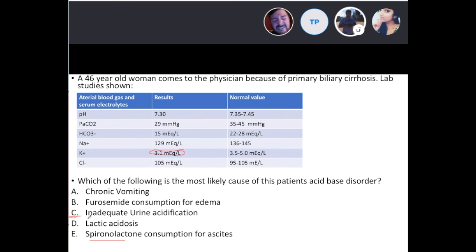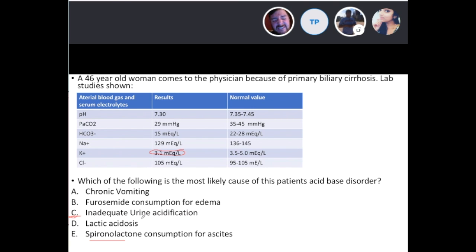So it's literally just an answer of exclusion? Well, they said that inadequate urine acidification is renal tubular acidosis type 1. Oh, that's the R in HARDASS, isn't it? Yeah, that's the connection, and I didn't pick that up myself. Oh, that's a tough one. I've never been good at kidney stuff.